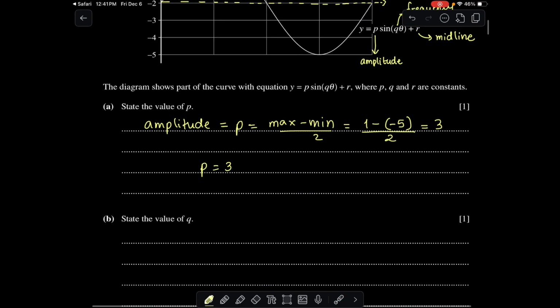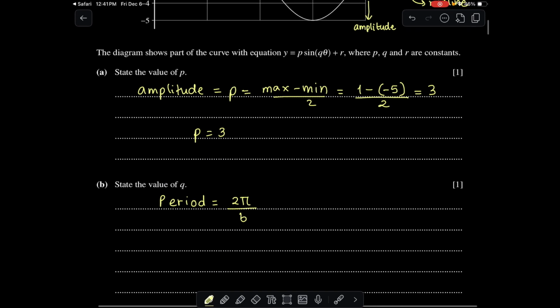So let us make use of the formula. Period is equal to 2 pi by b, or b is equal to 2 pi by period. And as you can see, the period of this graph is 4 pi. Why is it 4 pi?